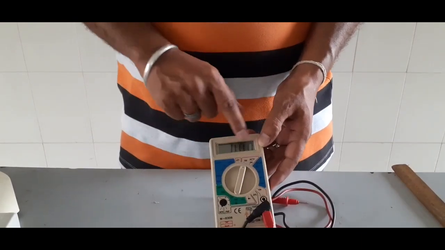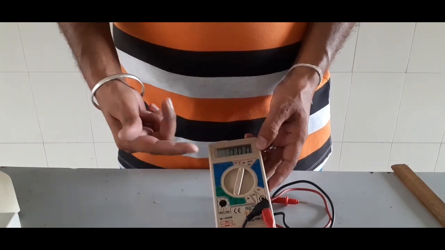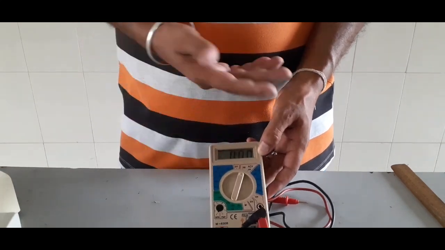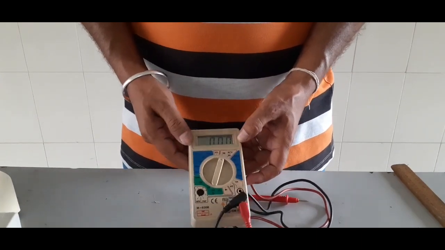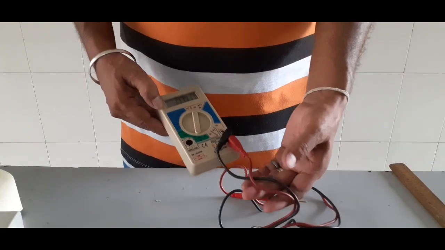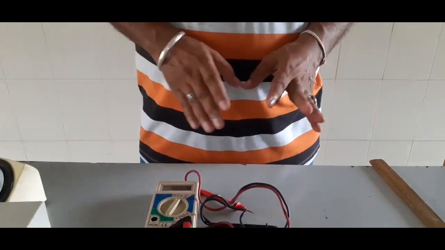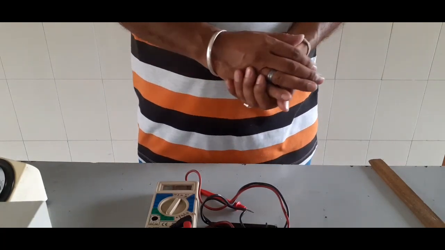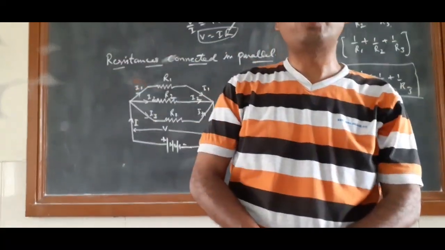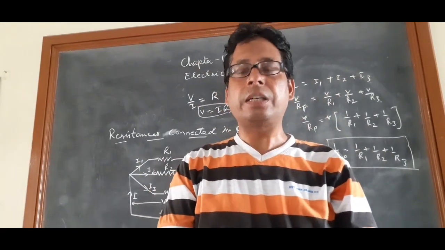You see different types of scales: ohm, AC voltage, DC voltage, current, potential difference and so on. So this is all about the devices used while making the connections.